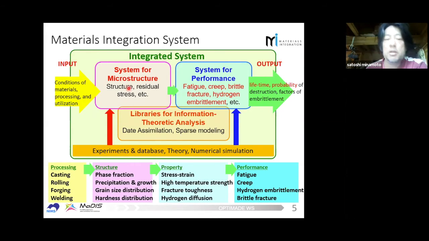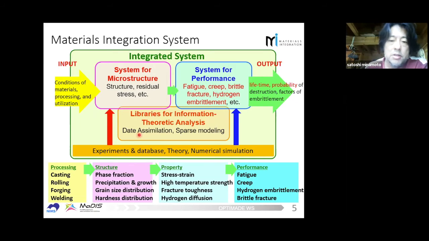It's a mesoscale calculation, for example, the CALPHAD calculation or phase field calculation. And the second team is analyzing the performance of the materials, including the geometric condition or environmental condition. We use FEM calculation in that team.